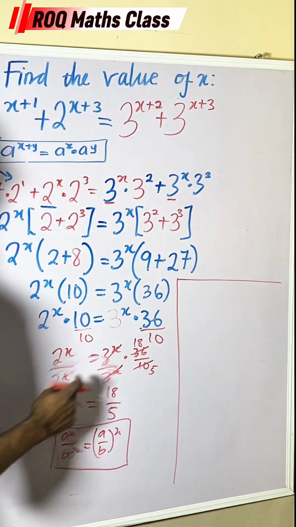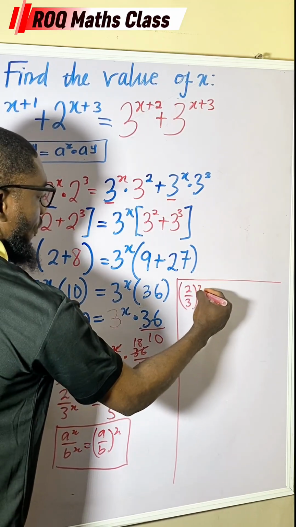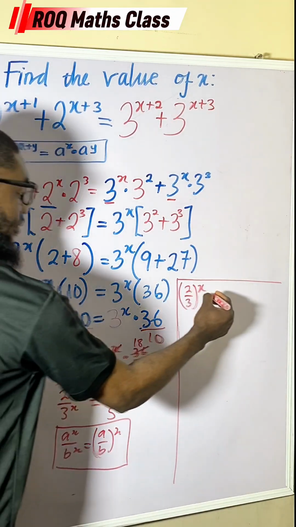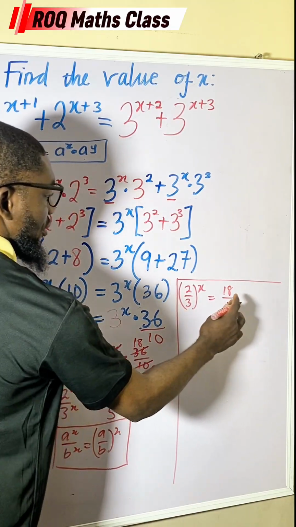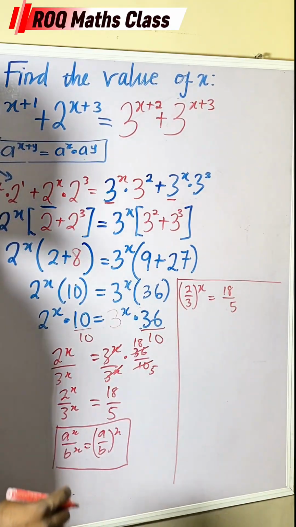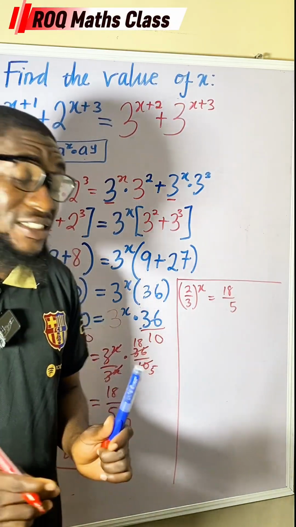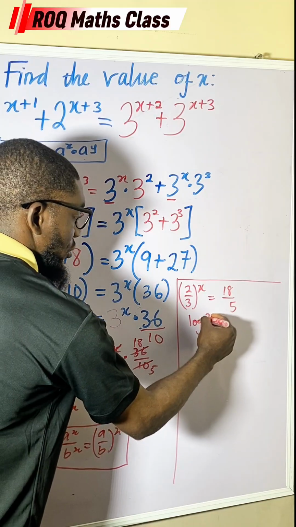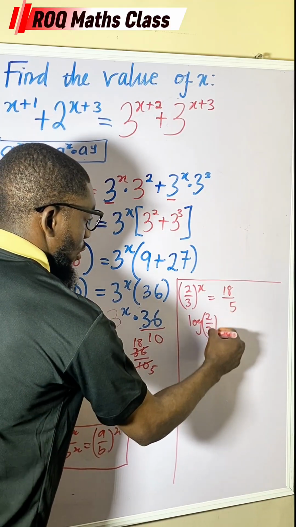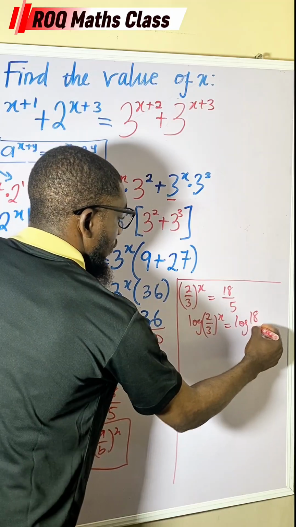This one is the same thing as 2 over 3 all to the power of x, the same thing as 18 over 5. The next thing is that to get the value of x, I have to take the log of both sides. Taking the log of both sides, I'm going to have log of 2 over 3 all to the power of x, and log of 18 over 5.